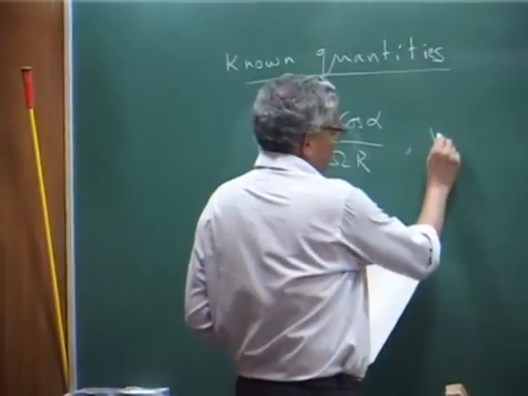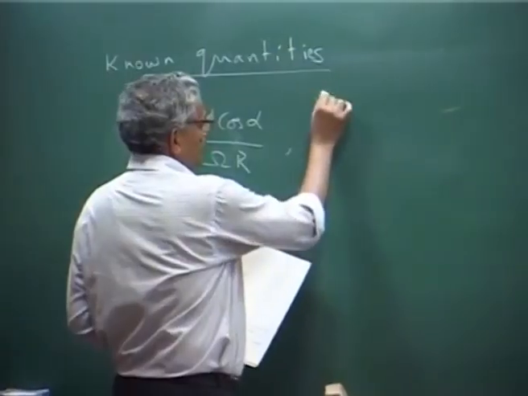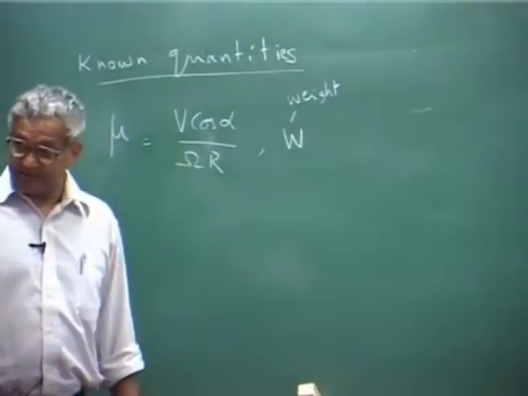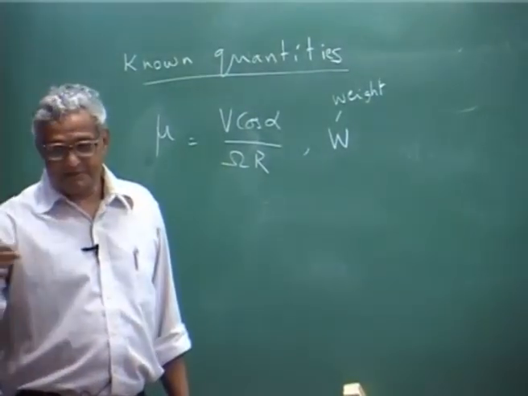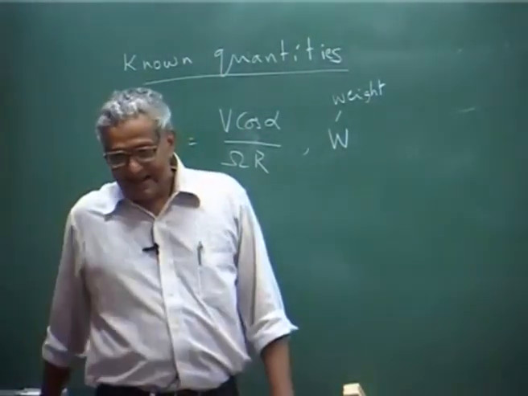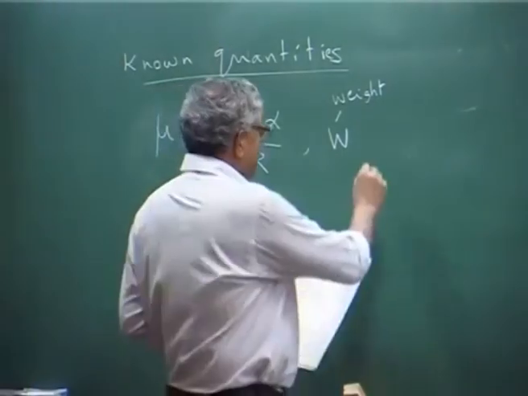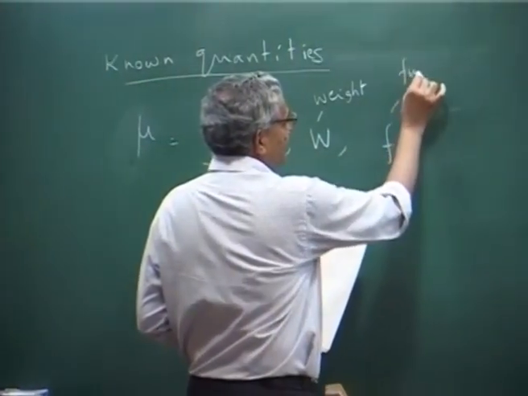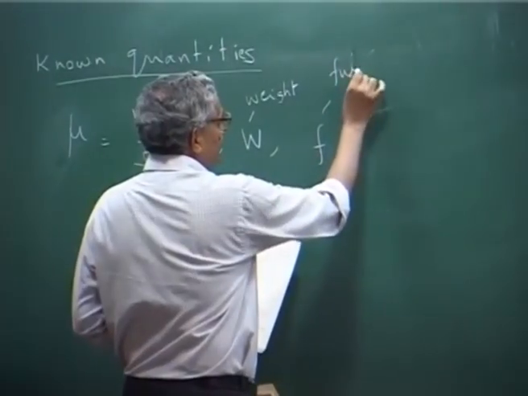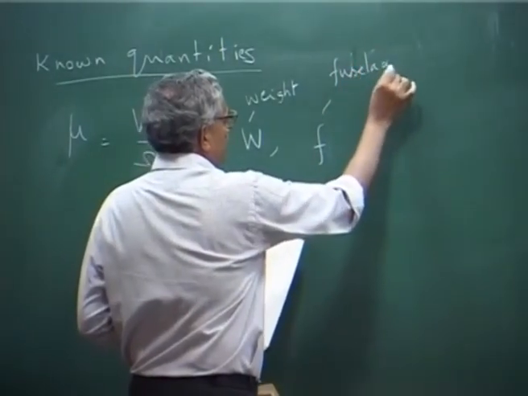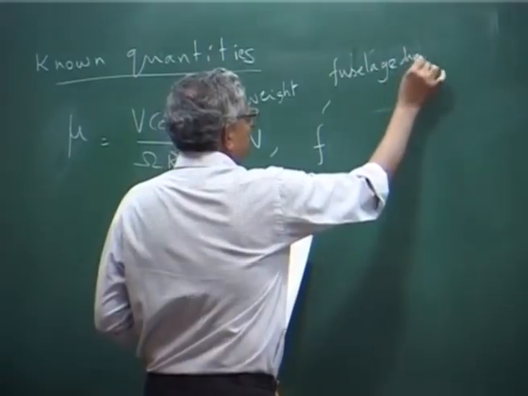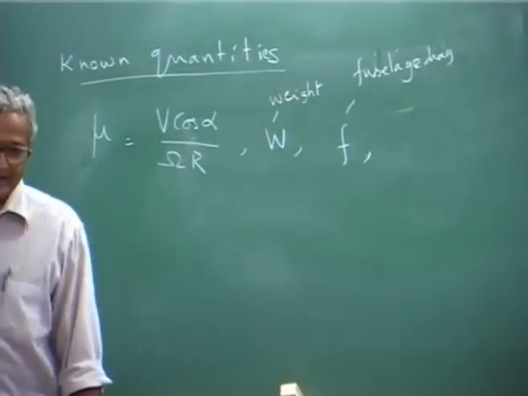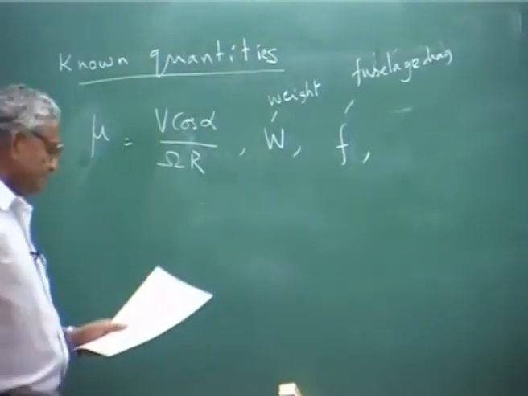Then weight, this is the weight of the helicopter. Of course, CG location must be known for the given weight. You can have forward CG, aft CG, etc. Then that F, which is related to fuselage drag, that area.